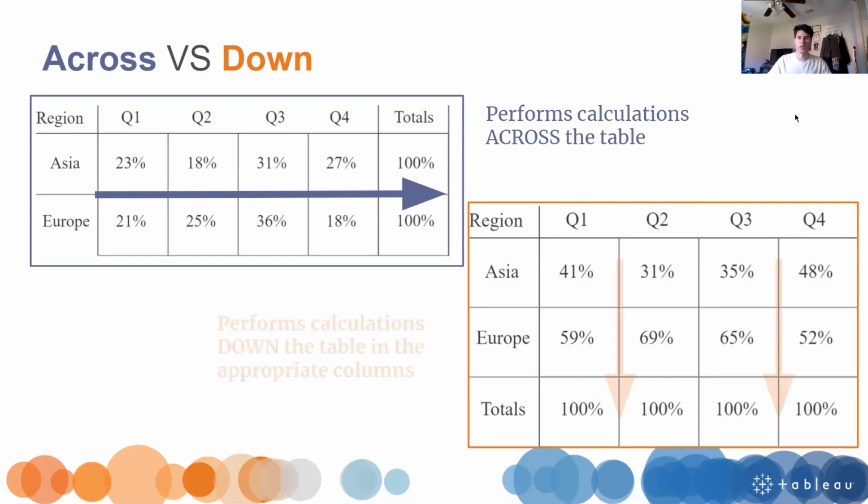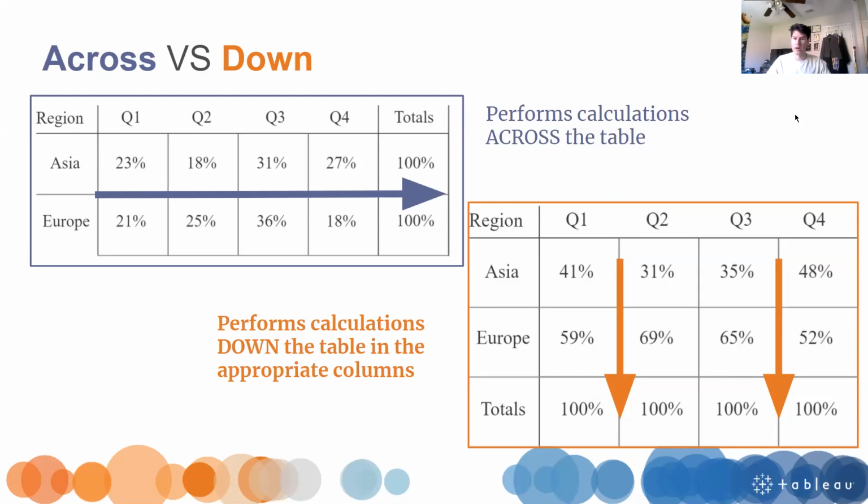And so when we look at table down, we can look at it in a different manner. We might want to look into, okay, is there a difference between the amount of travelers that travel in quarter 1 and quarter 2 between the two regions? So which region has more travelers in one quarter over the other? So it looks like Europe just slightly edges out Asia on each of the 4 quarters.